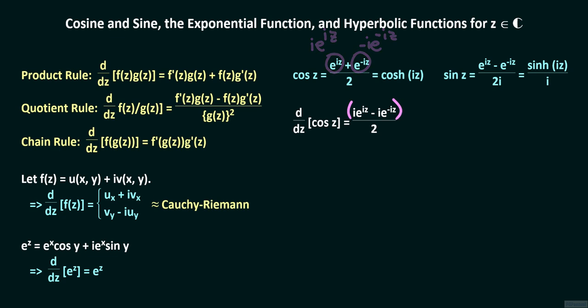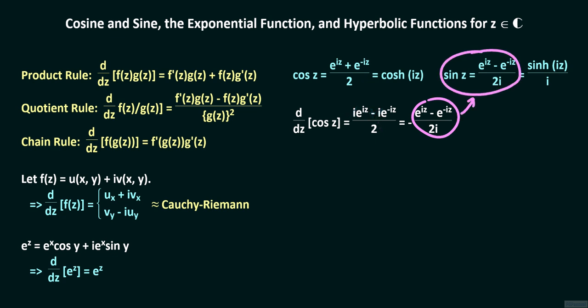We multiply the numerator by i and the denominator by i times i is minus 1. And the result is minus the quantity e raised to the iz power minus e raised to the minus iz power all over 2i. This fraction is sine z. So the derivative of cosine z is minus sine z, just like that for cosine when applied to real numbers.